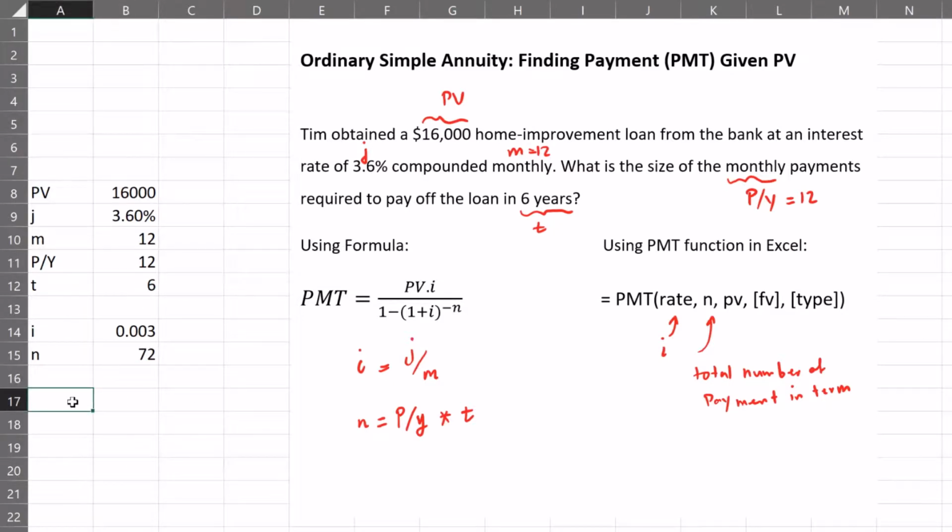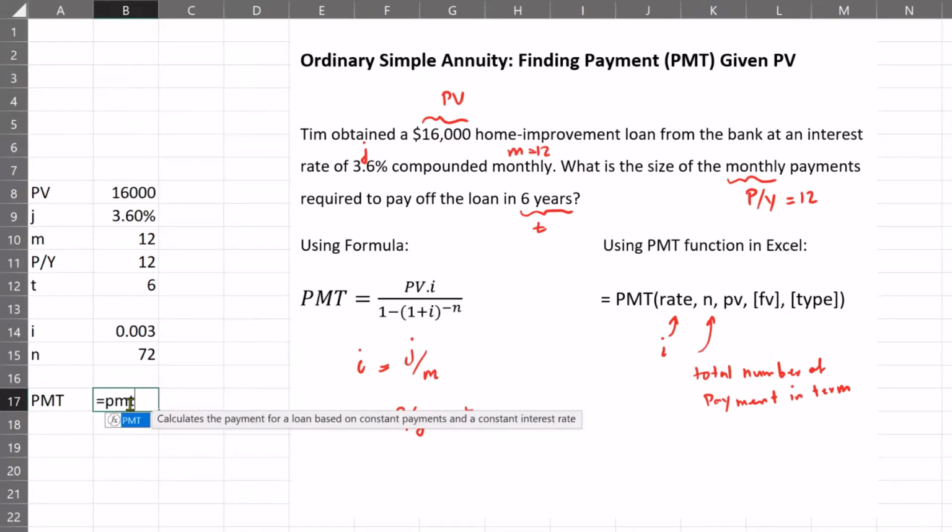Now, in order to calculate PMT, we're going to use the built-in function in Excel, so we press equal and type in PMT. And here is the function. As you can see, the input arguments are rate, N, PV, and type. Rate, I, is in B14.